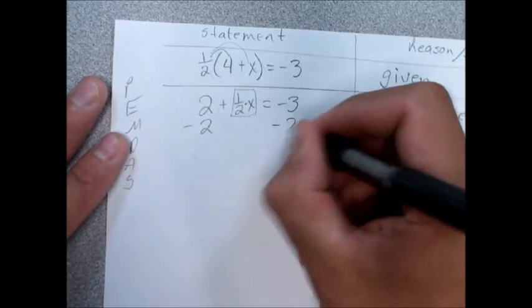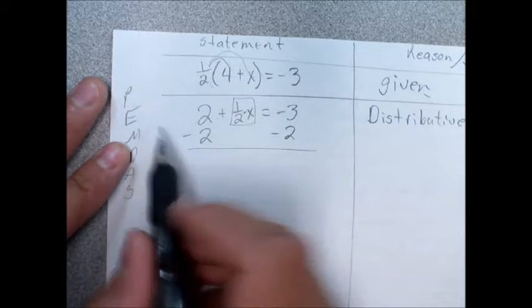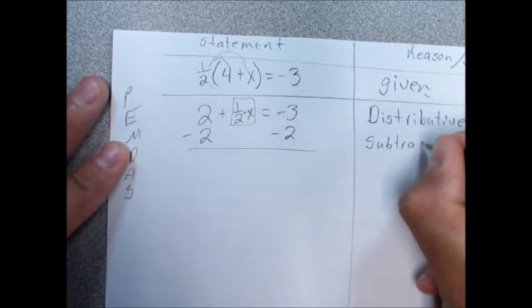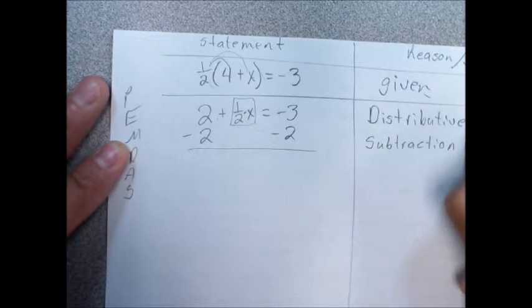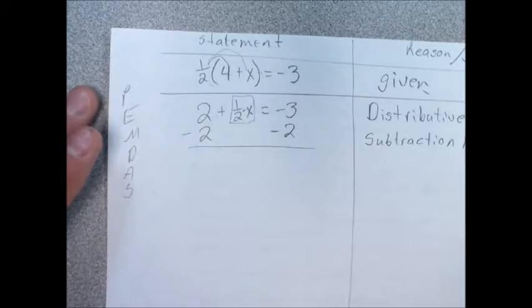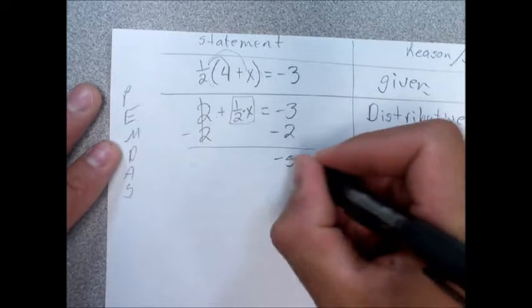So I'm subtracting from both sides. This is the subtraction property of equality. Because I do something to both sides, it falls into the category of property of equality. Okay, so those canceled. And I got a -5 over here.